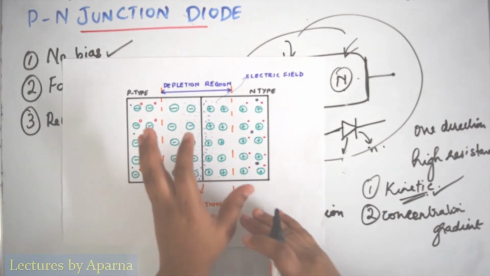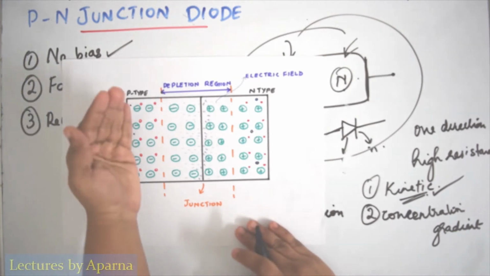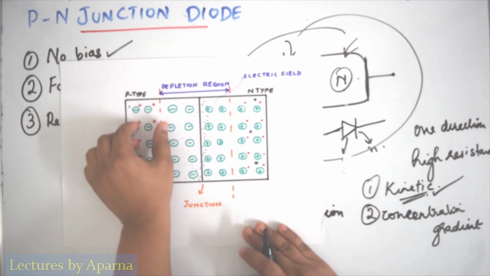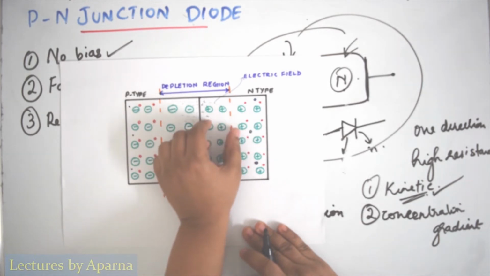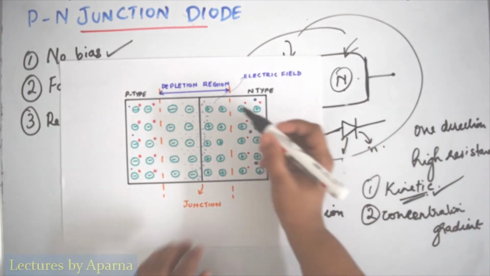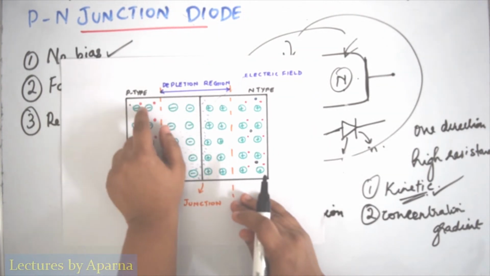I'll explain how this depletion region is formed. As these majority carriers from the P-type, which are holes, cross and reach the N-type, these positive ions, those free electrons which they had, will recombine with the holes.